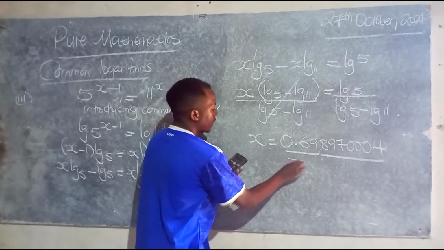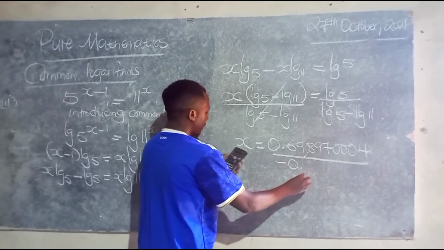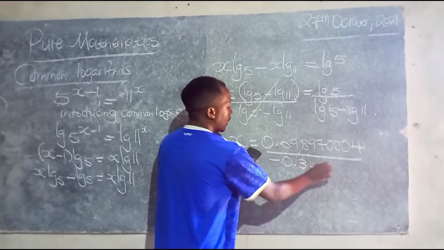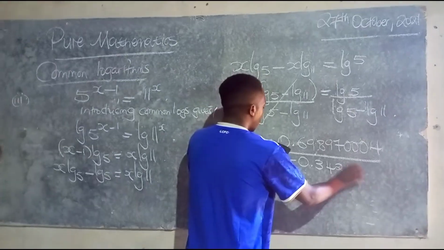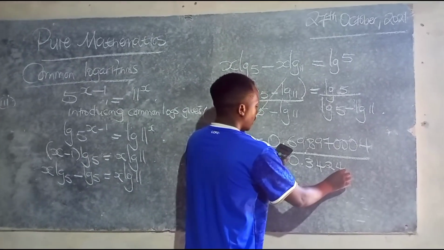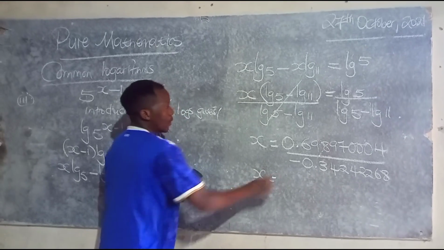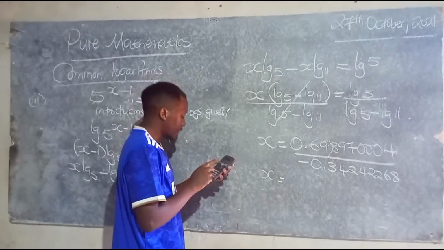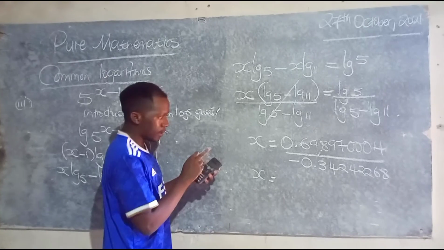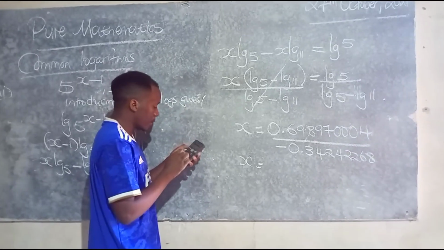So this is giving negative 0.3424, 2268. Then we're going to divide. We're going to say 0.6 divided by negative 0.3.